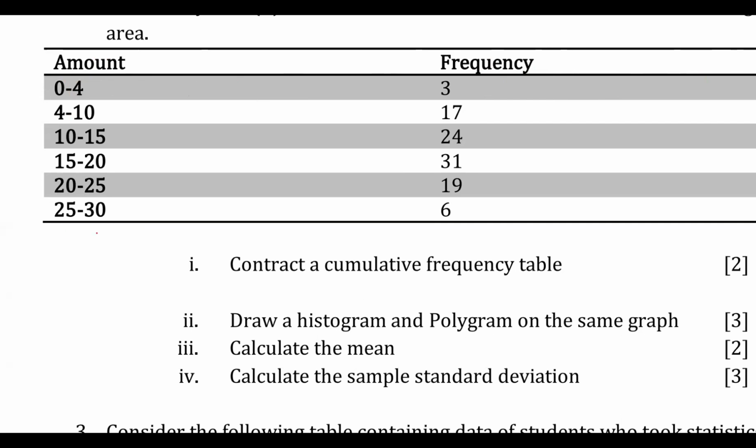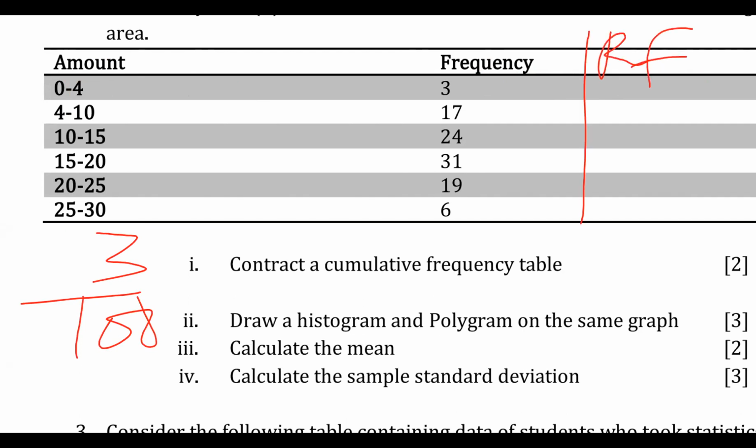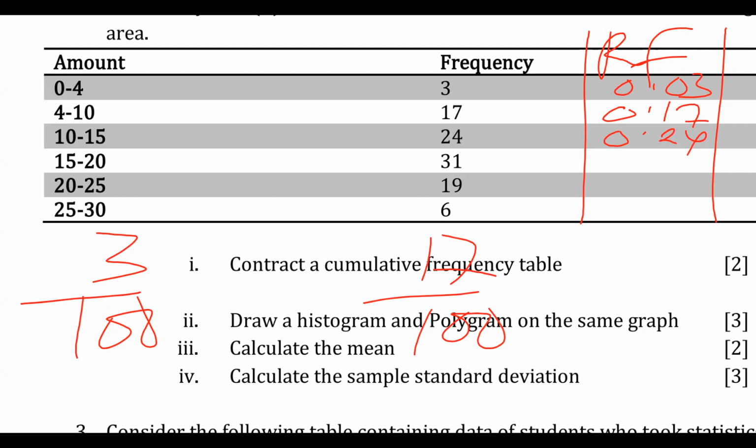So 3 divided by 100 gives 0.03, 17 divided by 100 gives 0.17, then 0.24, 0.31, 0.19, and 0.06.